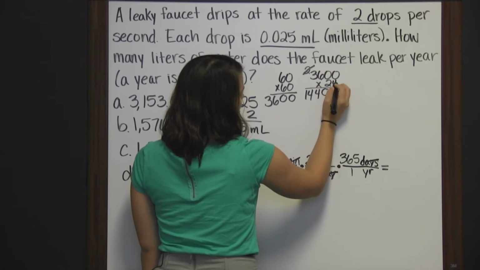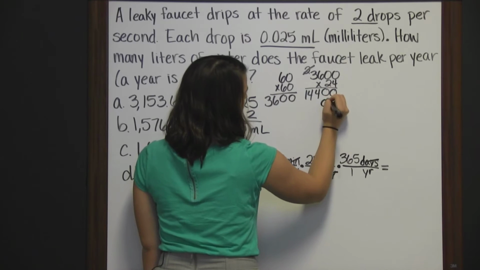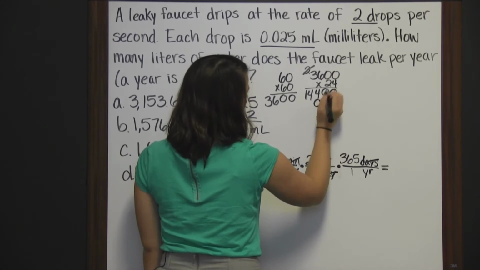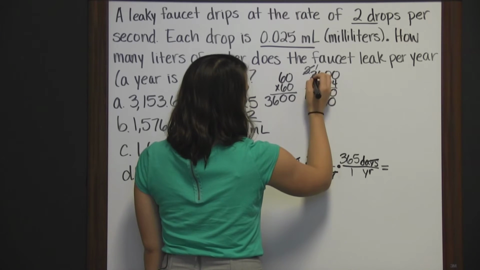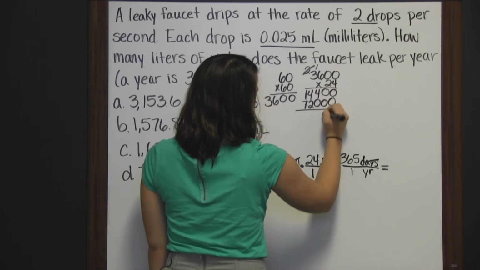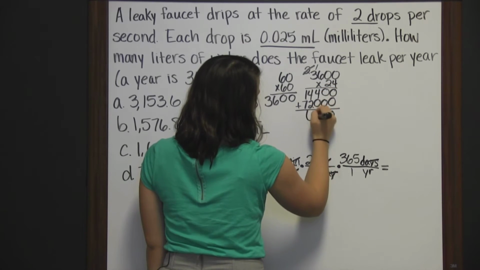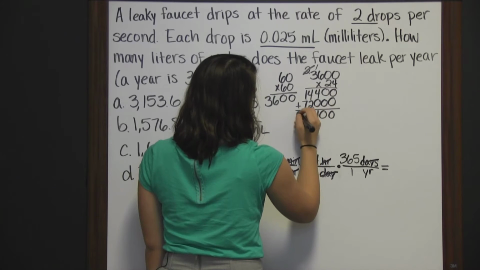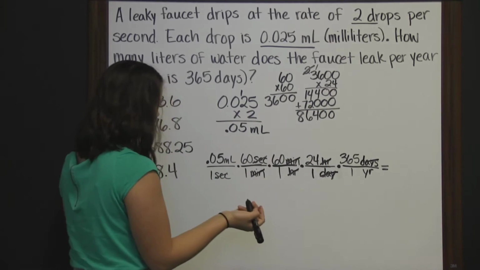Put a 0 placeholder for the 4 and move on to the 2. 2 times 0 is 0, 2 times 0 is 0, 2 times 6 is 12, carry the 1, and 2 times 3 is 6, plus 1 is 7. Add up your zeros. 4 plus 0 is 4, 4 plus 2 is 6, 1 plus 7 is 8. Okay, so far I've multiplied 60 times 24.